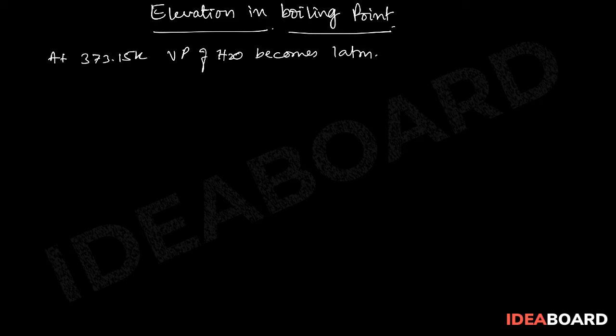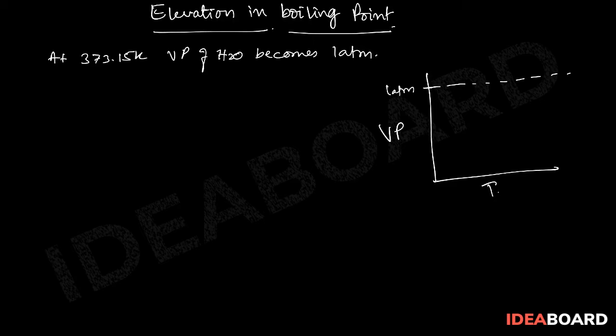So let us understand this using a graph. Say we are plotting graph of vapor pressure versus temperature. So if vapor pressure is 1 atm, then particular liquid becomes vapor. So that's the boiling point of the liquid. So suppose this is 1 atm line. So this is a vapor pressure.